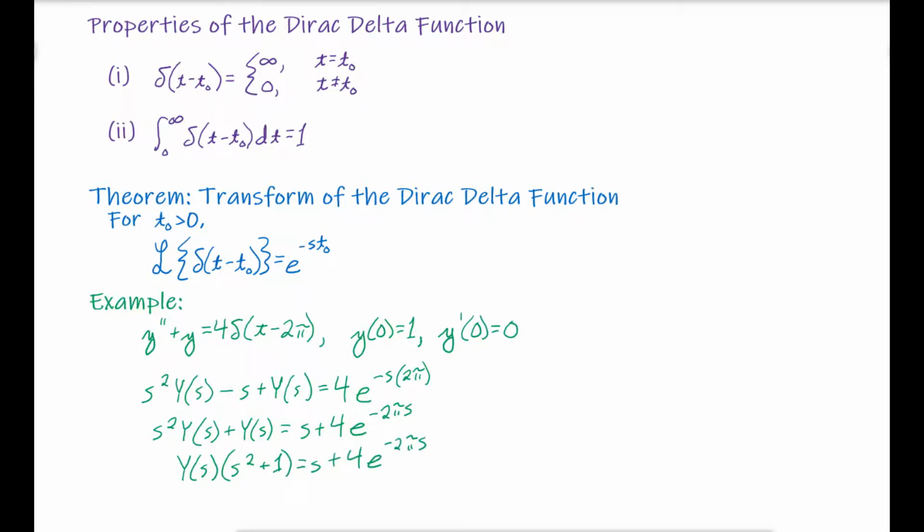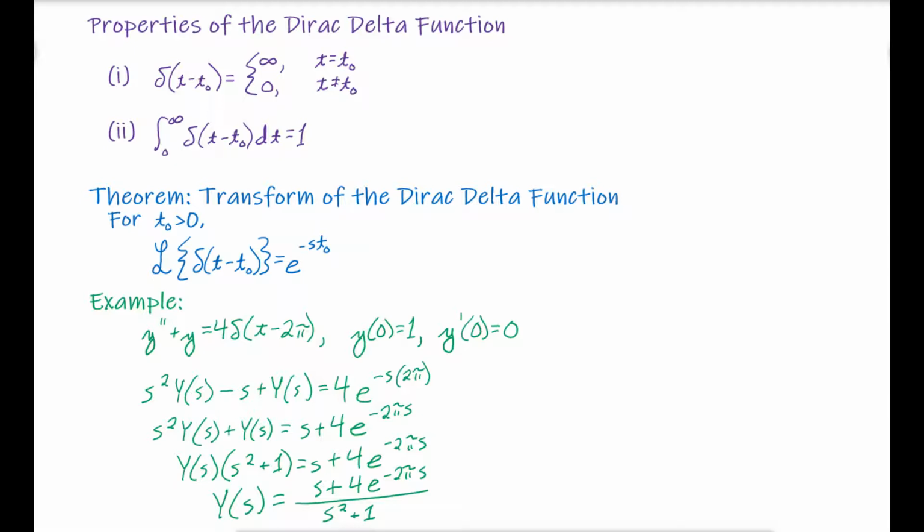And then divide by our s squared plus 1. So we get y of s is going to equal s plus 4e to the negative 2 pi s all over s squared plus 1.